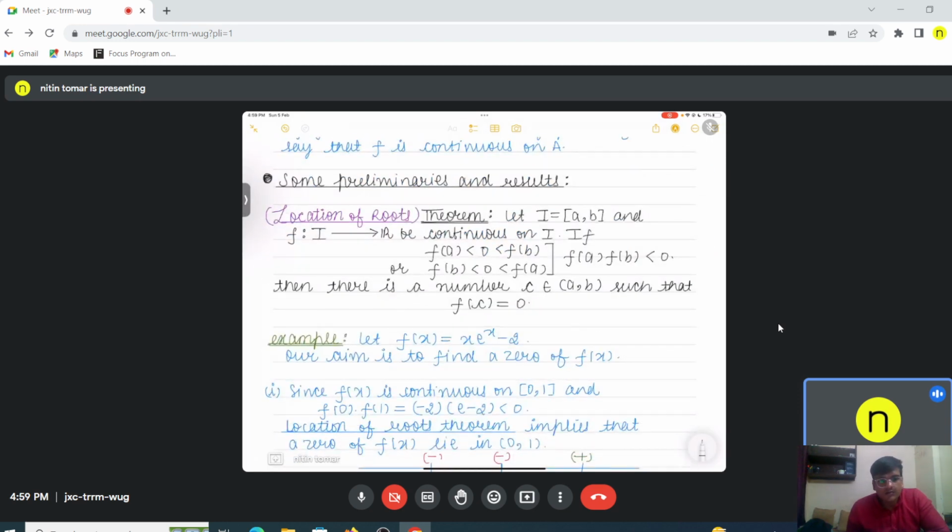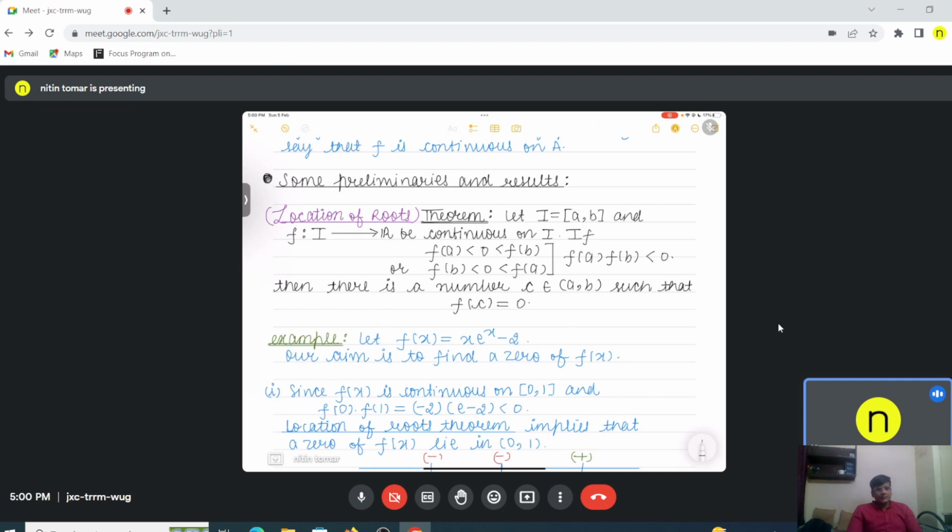Then we saw some preliminaries and results. The first and very important one is the location of roots theorem. It says if you have a closed interval a comma b, and a continuous function on the interval attains positive and negative values, then it will definitely attain the zero value.